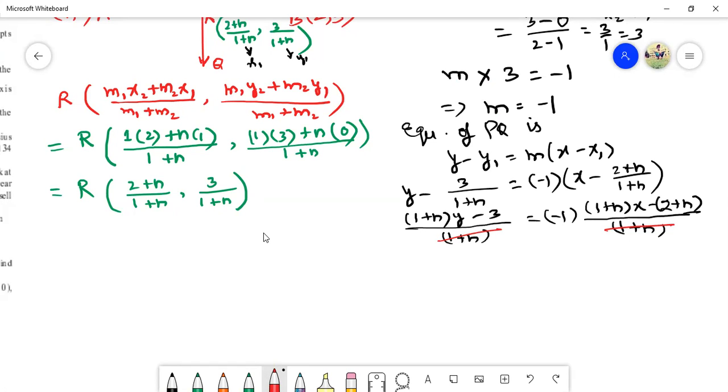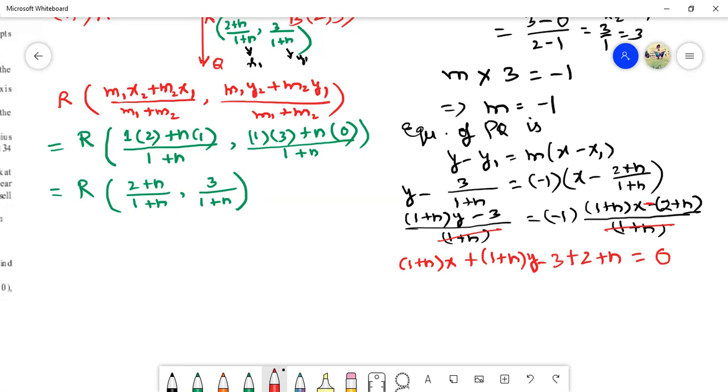Now you can write the equation. Bring this to the left side. It will become 1 plus n into x plus 1 plus n into y, and minus 3, and minus 2 plus n will come to the left side. It will become plus 2 plus n, so this minus will become plus, is equal to 0.